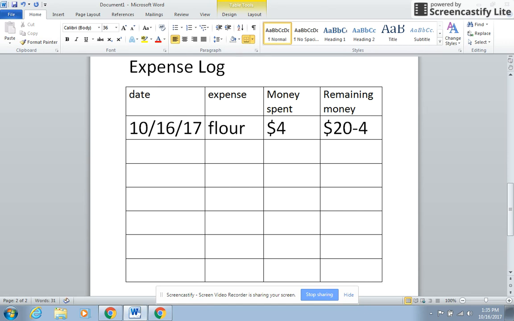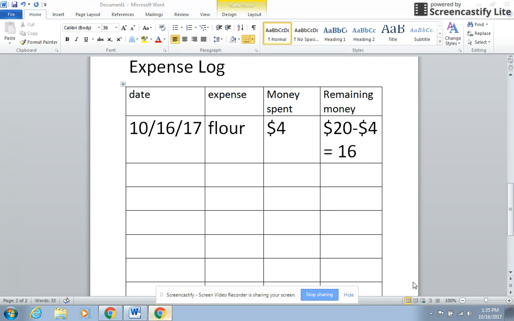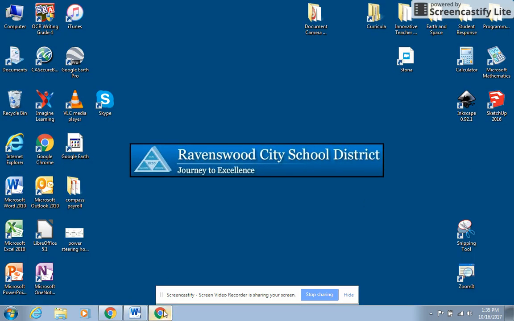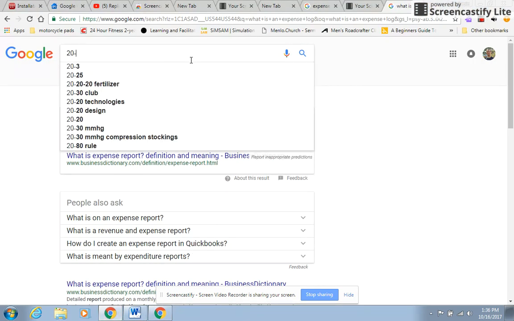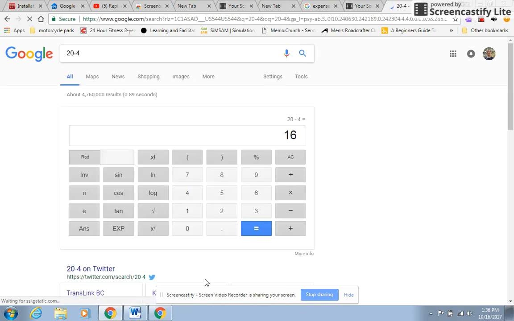So $20 minus 4 equals. Anybody who wants to check their work can see that 20 minus 4 is 16.